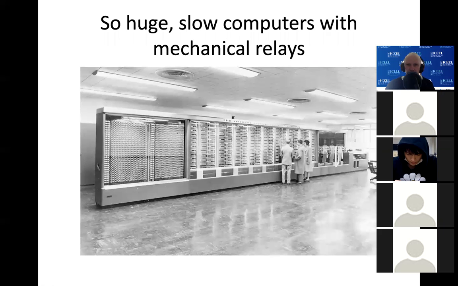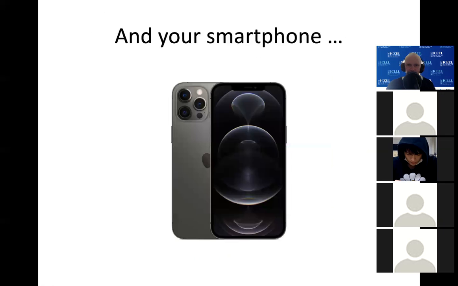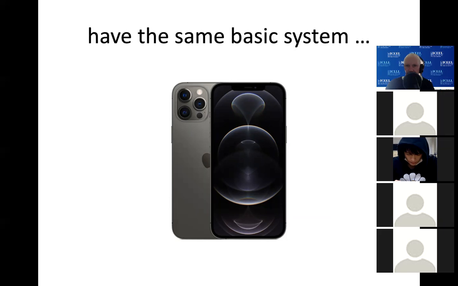So early computers were huge, slow, with mechanical relays and moving parts, with insects flying inside, breaking them down all the time. And your smartphone, right? Here you've got tiny transistors, tiny semiconductors, incredibly small, doing incredibly fast calculations.